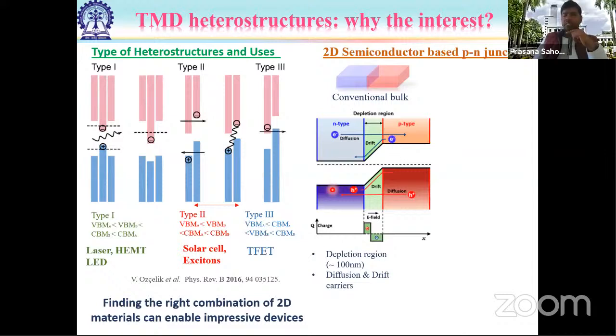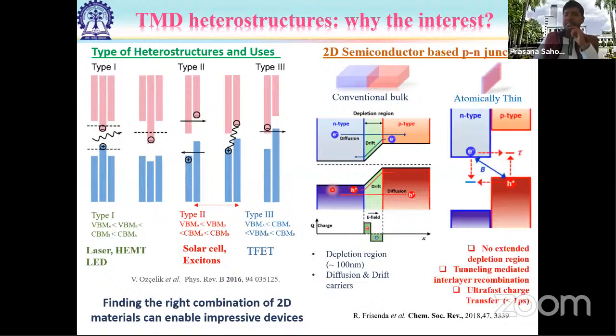So we can see why low dimensional materials are important compared to bulk material. For example, if you want to make a solar cell device, your carriers have to diffuse. You can see the depletion region when you attach an N-type semiconductor to a P-type material. What happens is there is a crowded region in between.